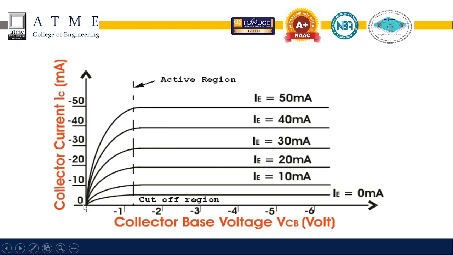As we increase VCB, there is a slight increase in IC, and then finally it becomes constant and goes to saturation level. So for each IE we will be getting this graph. This is the output characteristics of common base configuration.